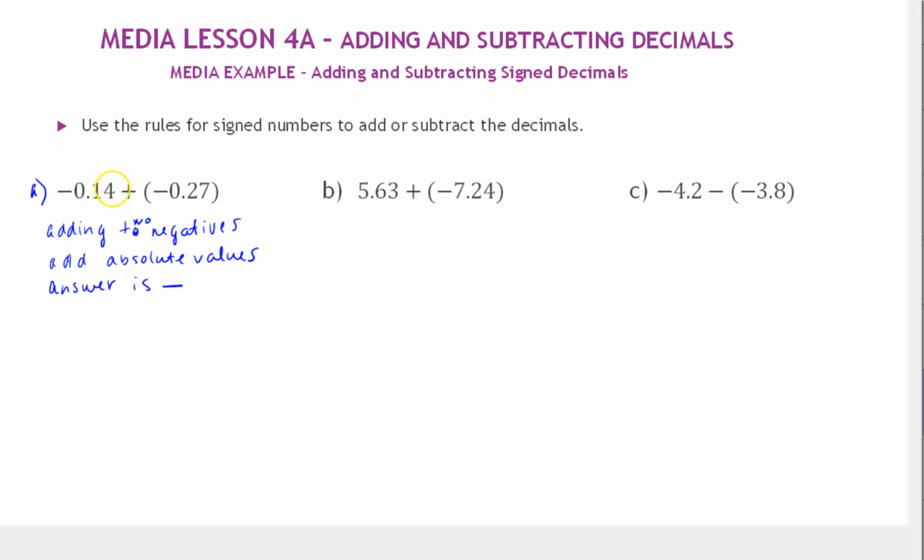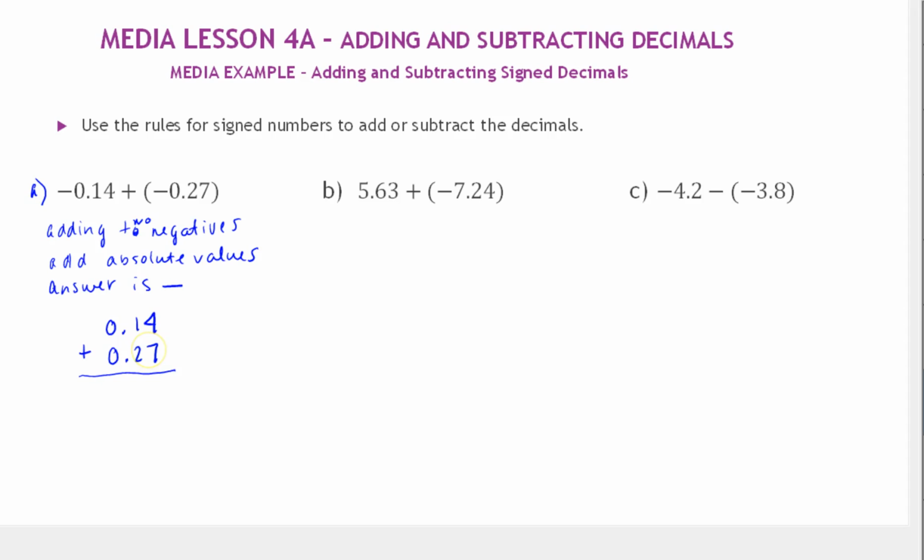So the absolute value of negative 0.14 is 0.14. And I'm going to add the absolute value of this number. So I'm just going to drop the negative sign. So remember, I'm taking the opposite in this case, but the opposite is the absolute value, which is always positive. If the number is positive, then the opposite is negative.